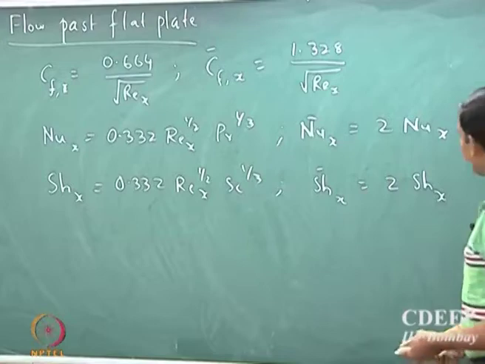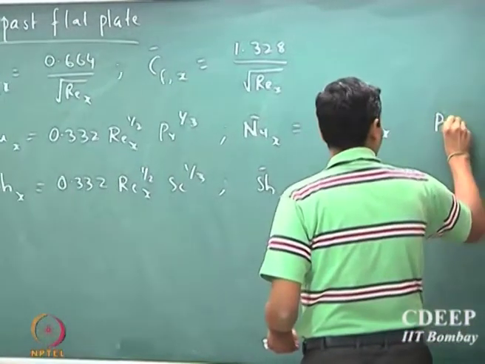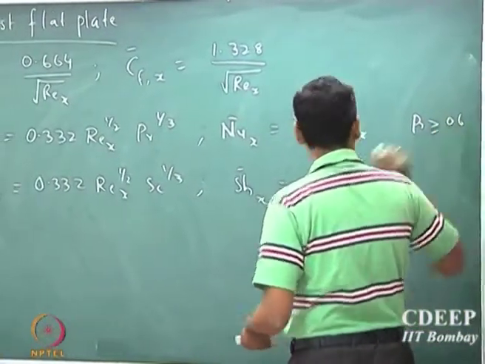Okay. So we said that this is valid only when Prandtl number is greater than 0.6.